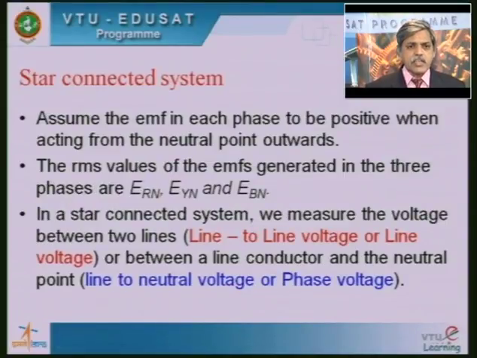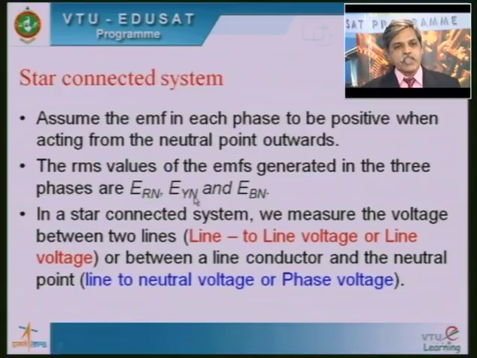Let us take a star connected system. Here on the slide I have not shown any diagram as such, just because I am giving the explanations for these different voltages. Assume the EMF in each phase to be positive when acting from the neutral point outwards, that is the common point, R to N, N to R. This voltage ERN will be acting from N to R, so in that direction it is positive.